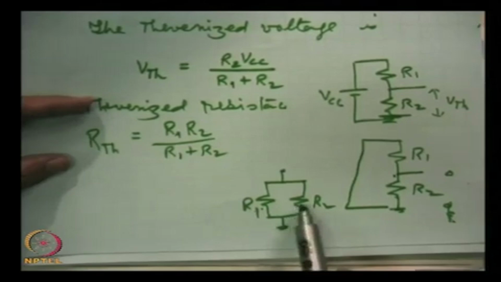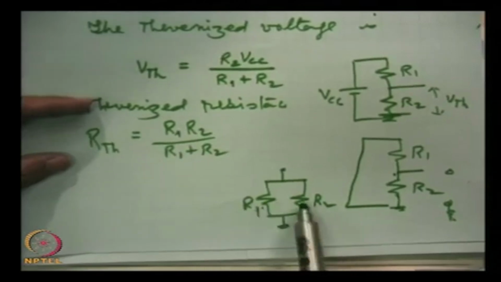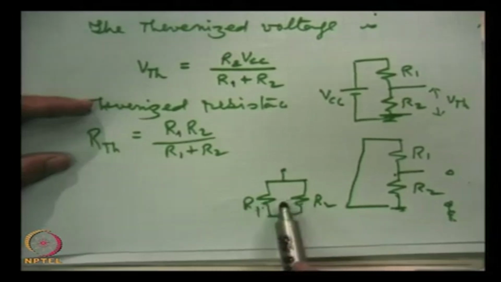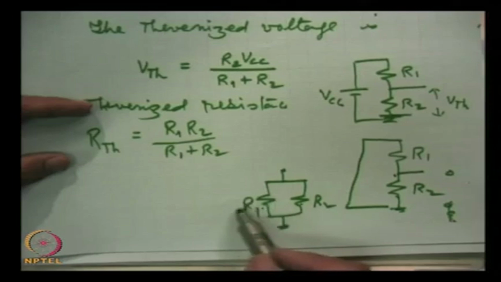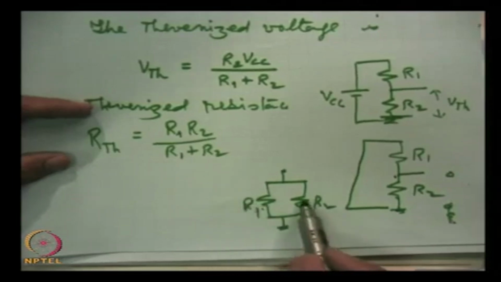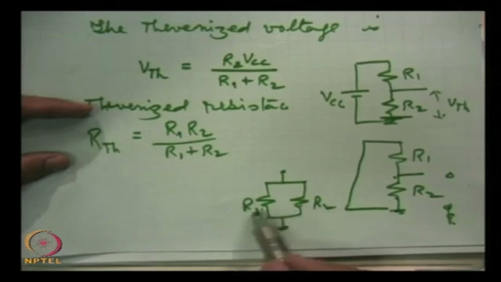When two resistances are in parallel, the effective resistance is smaller than either. That is the rule of parallel combination. If for example this is 100 kilo ohm and this is 50 kilo ohm, then the combination will be less than even the smaller resistance.